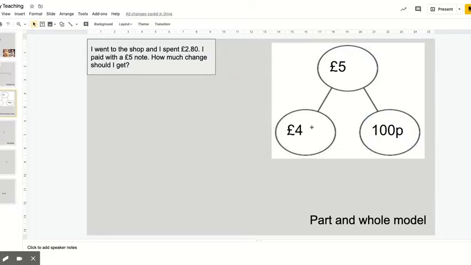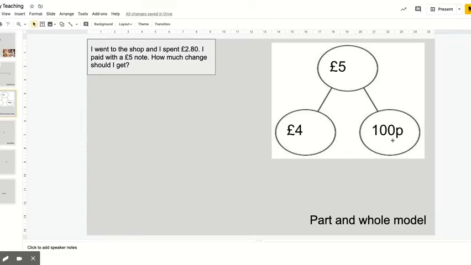Now what I've done is I've kept that £5 as the whole, and I've partitioned it into 4 whole pounds here, but I've taken £1 and I've changed it into this 100 pennies, and the reason I've done that is to make it easier to take the 80p off there.